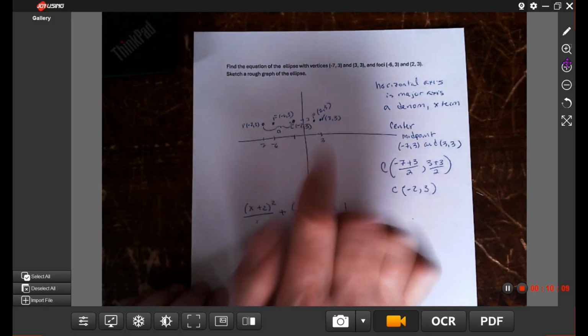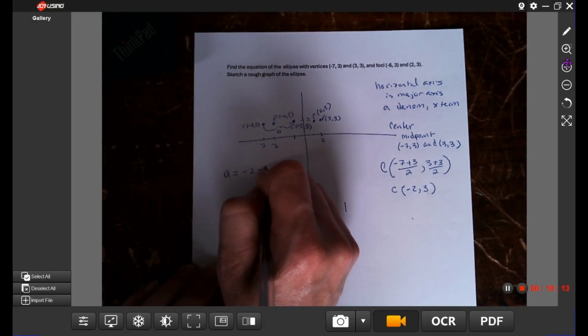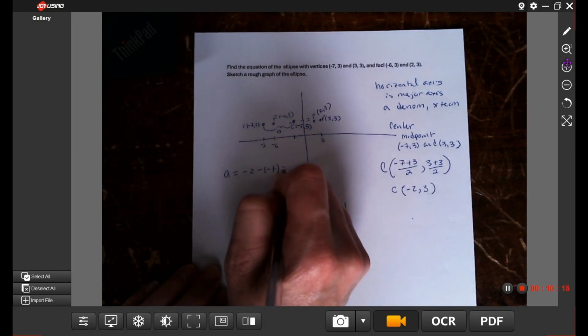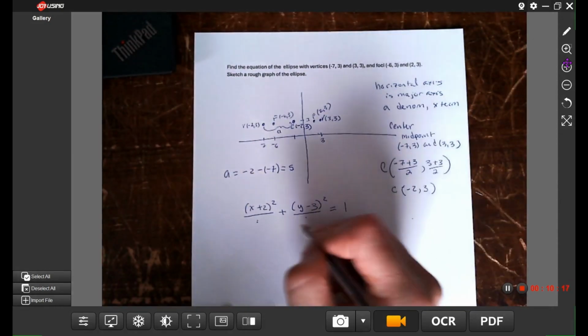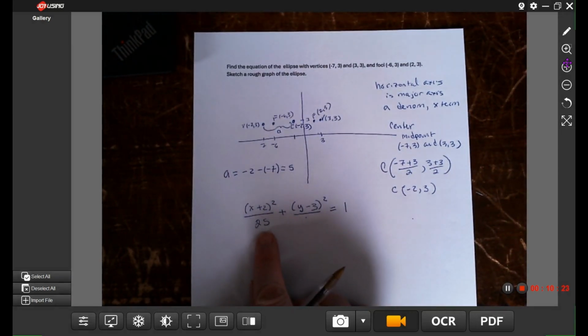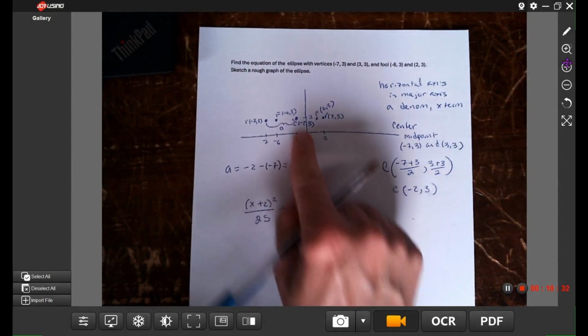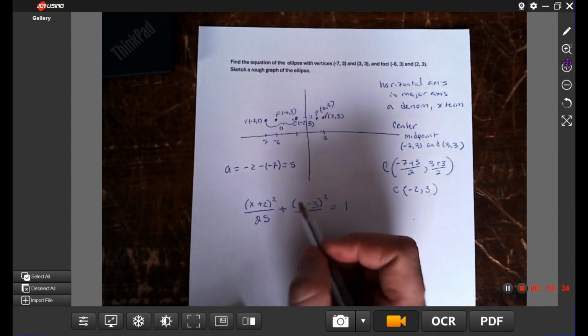The y coordinates are the same, so a is going to be -2 minus -7. So that'd be 5. So since a is 5, a squared is 25. So we got that. Now let's see if we have enough information to figure out b. Once we have that, we've got the whole equation, and we almost have the graph. We're just missing the stuff about the vertical axis.